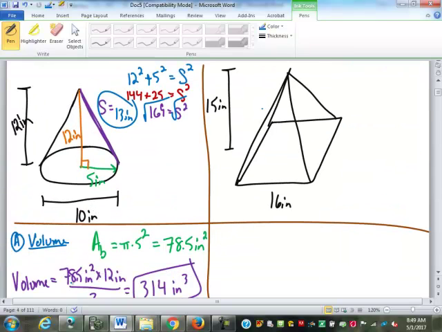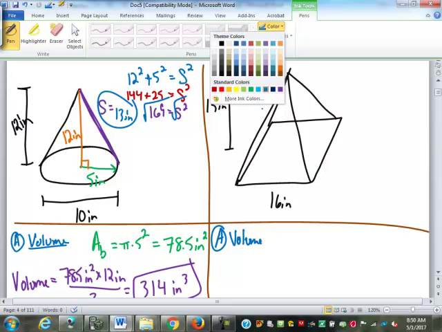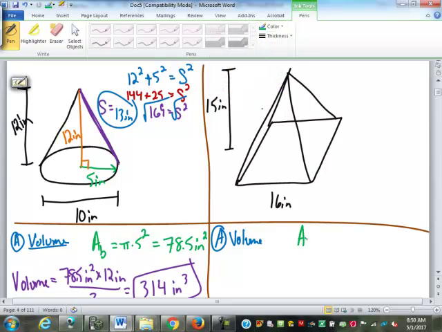So for the pyramid, volume. Again, we start out with the area of the base. In this case, that's 16 inches times 16 inches, or 256 square inches.